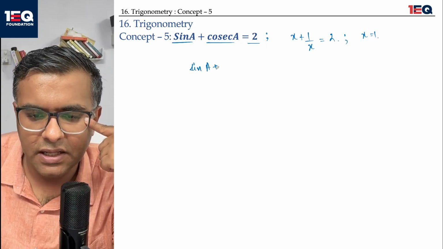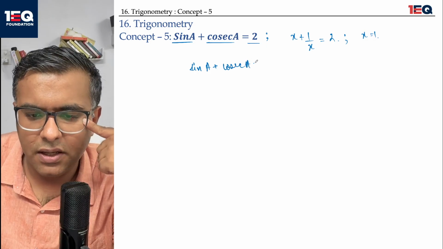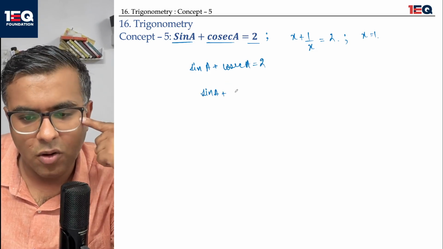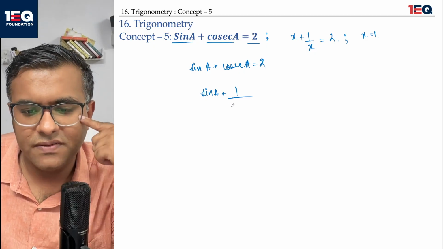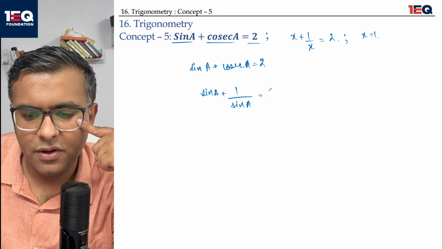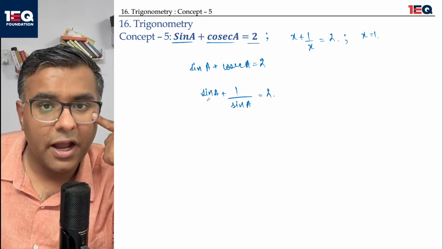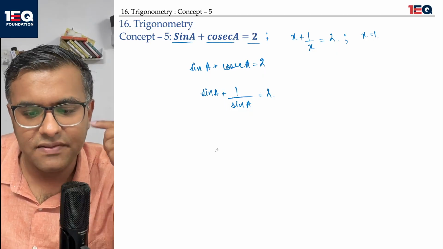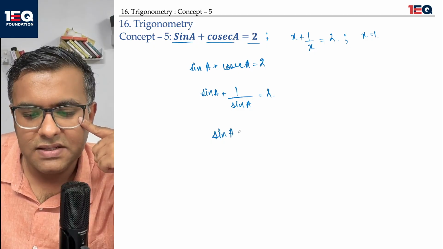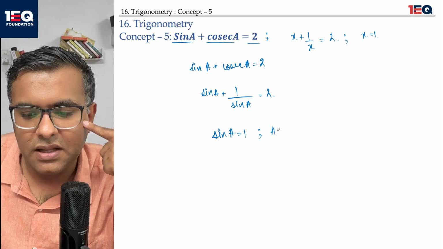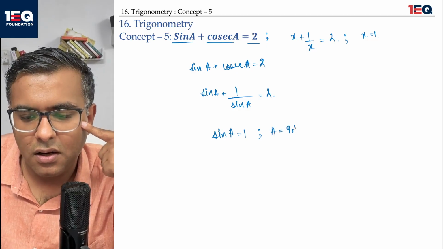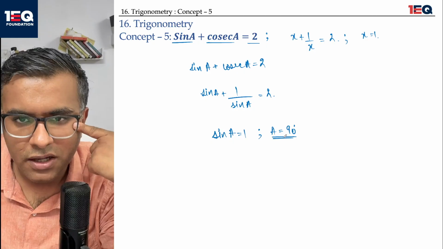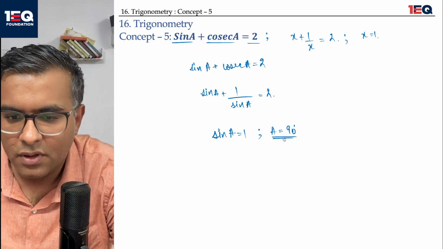Sine A plus cosec A is equal to 2, and cosec A being the reciprocal of sine A, I can say that sine A plus 1 over sine A is 2. Here I am easily able to see that sine A is definitely equal to 1. That is the only reason this equation is getting satisfied. So when sine A is equal to 1, A is definitely a 90-degree angle.